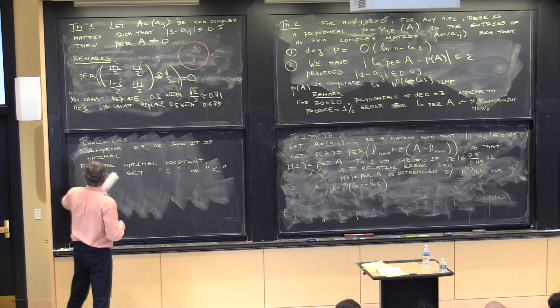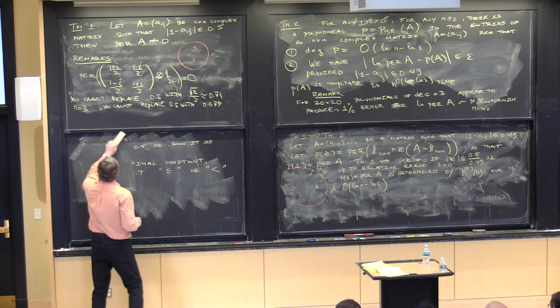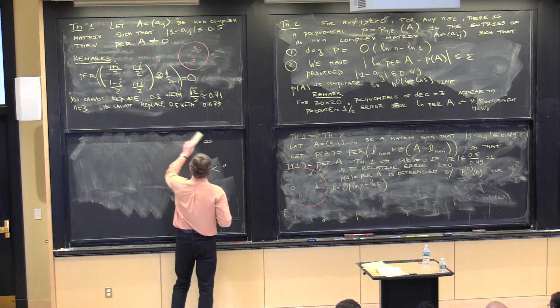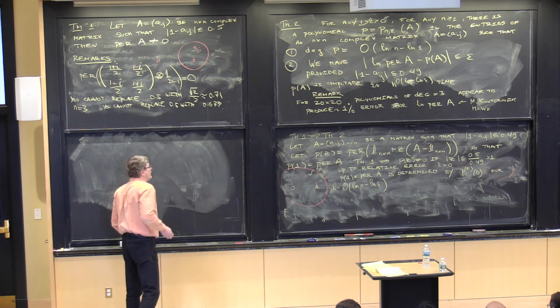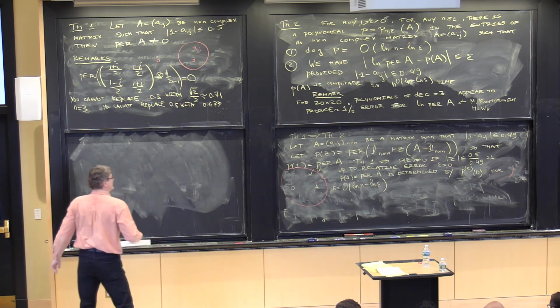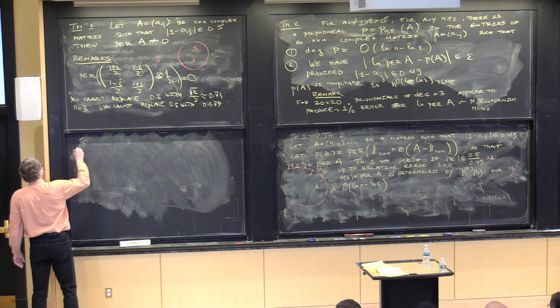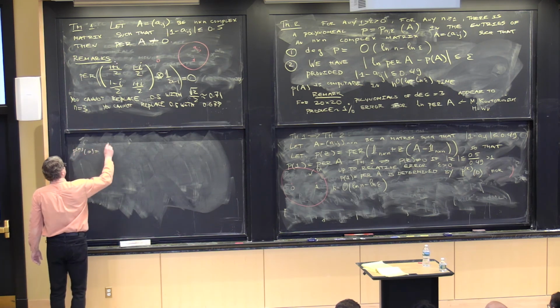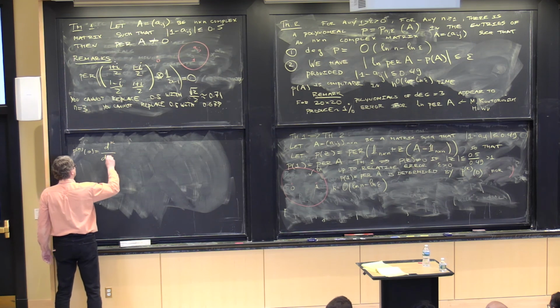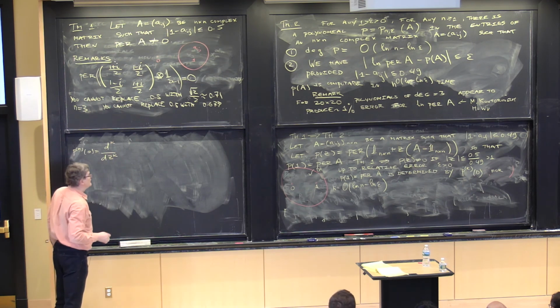Right, so what do we have here? What is this derivative really? It's the k-th derivative at 0 of the following polynomial.